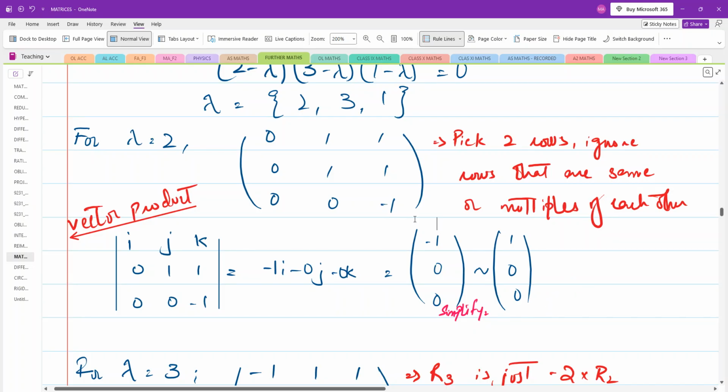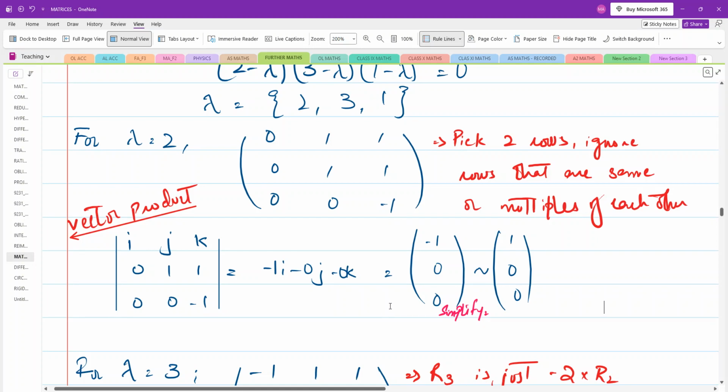Is that clear? So the resultant vector after we are done finding the vector product is essentially the eigenvector. Now, what I did is something called simplification.